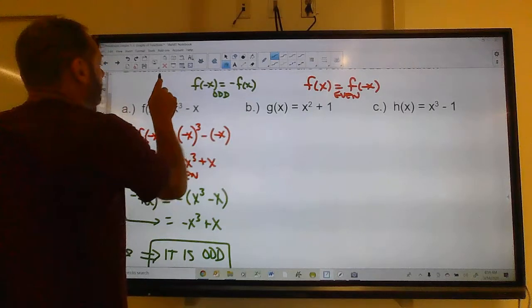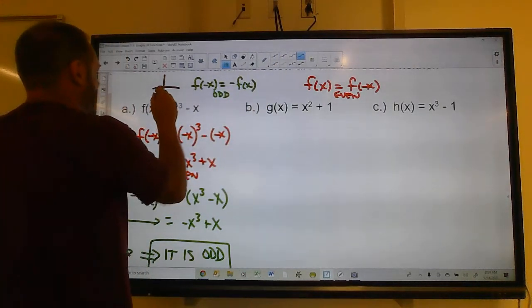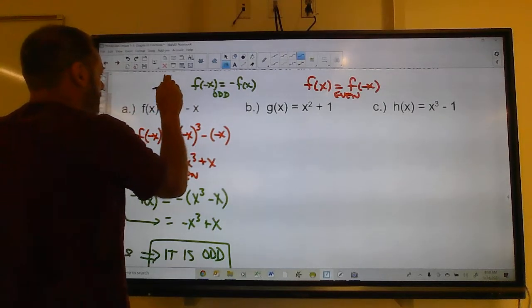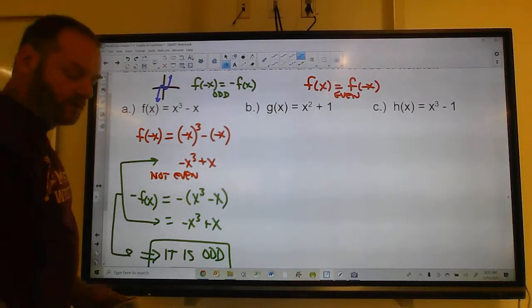So this thing looks like this. So yep, that's an odd function. All right, let's look at the next one.